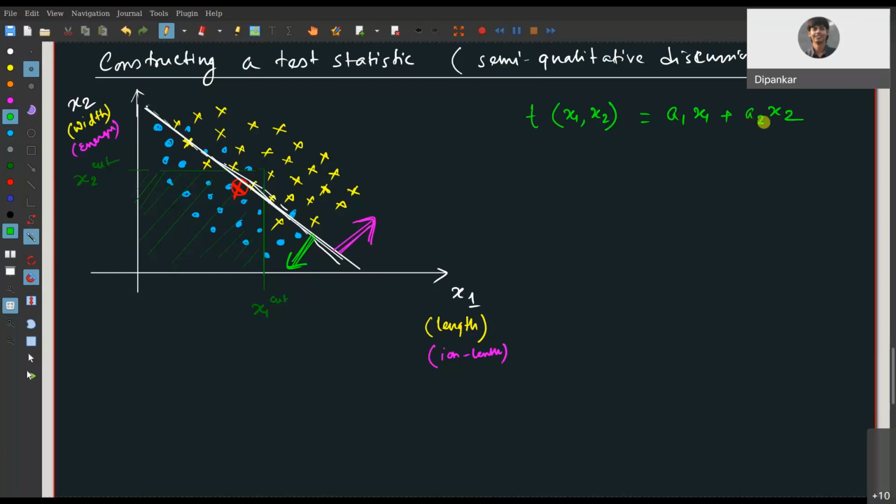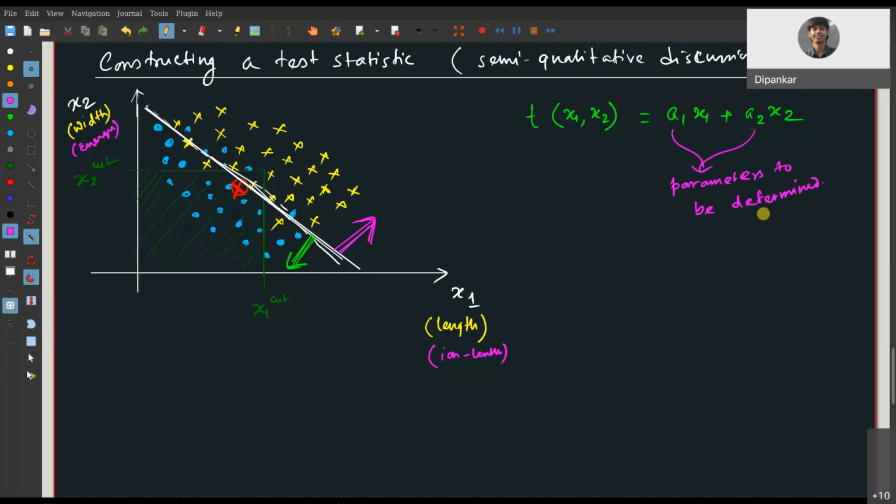This a1 x1 plus a2 x2 equal to a constant gives a straight line in this plane, for different values of a1 and a2. So these are parameters to be determined.